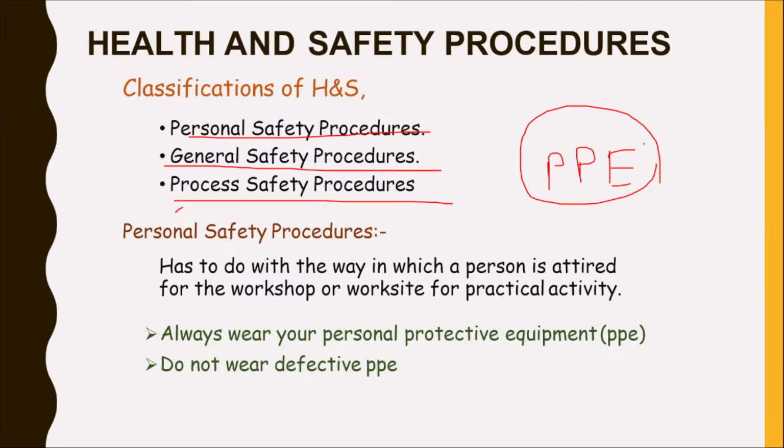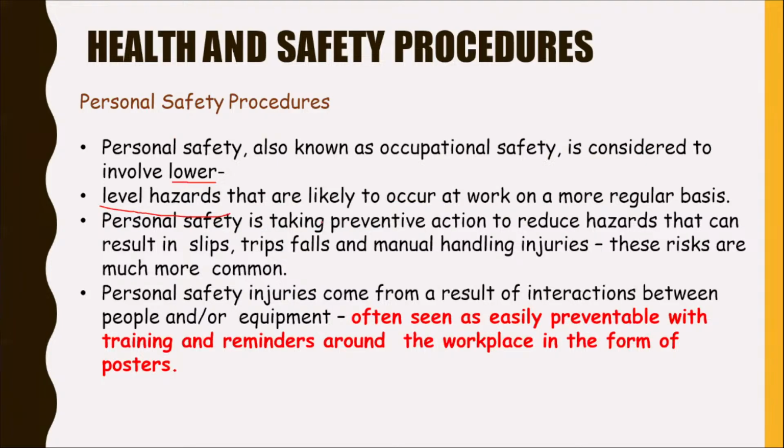Let's say an explosion: you cannot survive an explosion with personal protective equipment. And personal safety is taking preventive action to reduce hazards that result in slips and manual handling injuries.